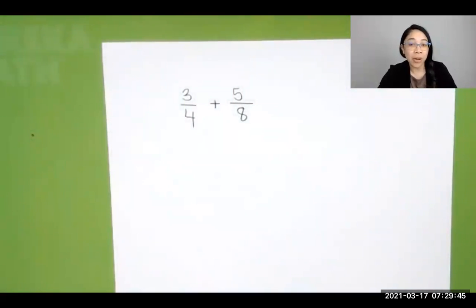So this time our number line has to go past 1. Think, does it need to go past 2? No, because each fraction is less than 1. So let's draw our number line.